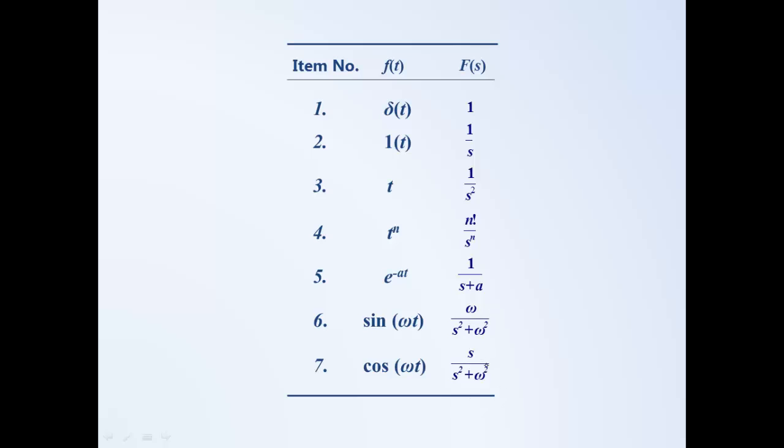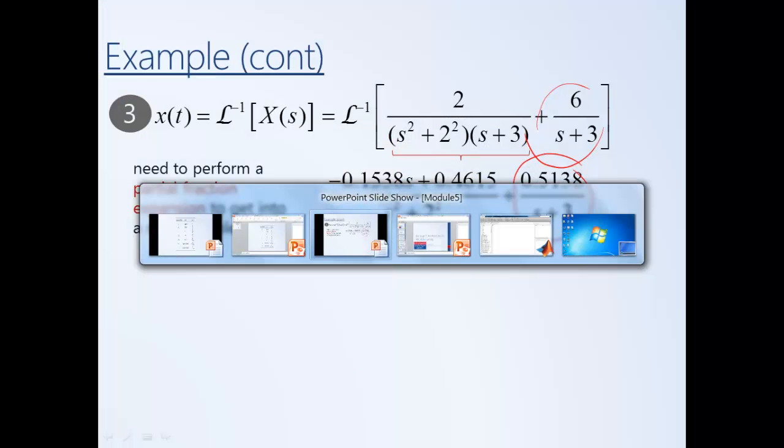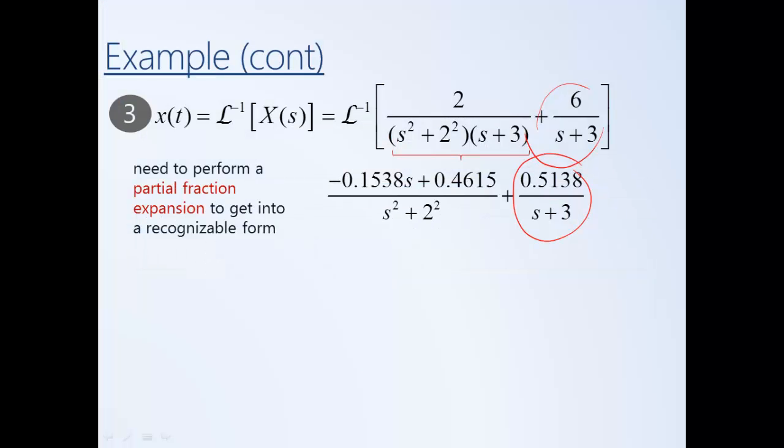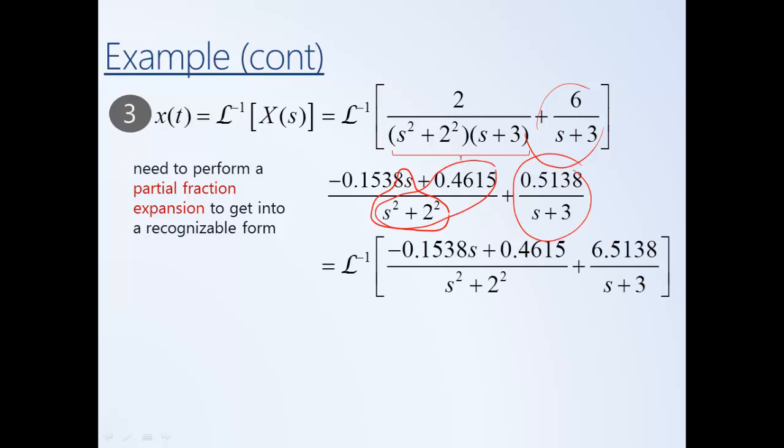A cosine function will have a numerator which is s. So we can split this into a term with an s in the numerator and a term with a constant in the numerator. So these two added together gives us the last term.